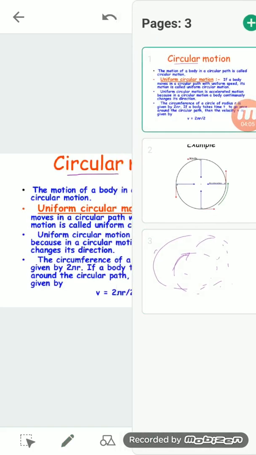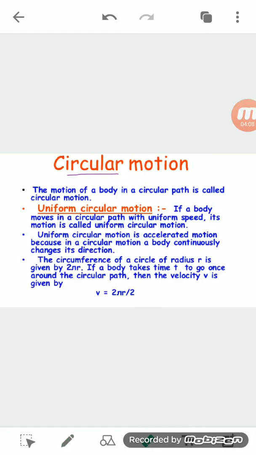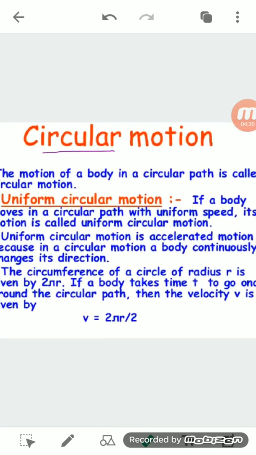So we can define the uniform circular motion: when a body moves in a circular path with a uniform speed, or with a constant speed, its motion is known as uniform circular motion.